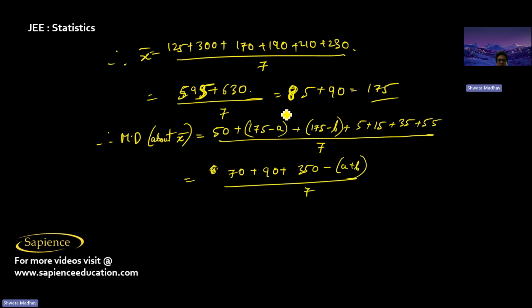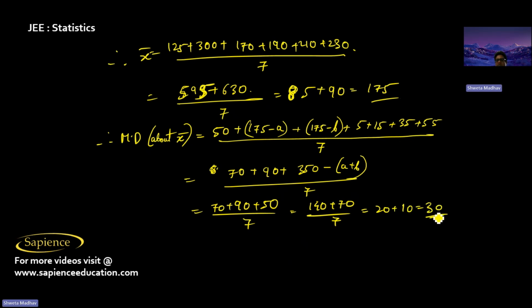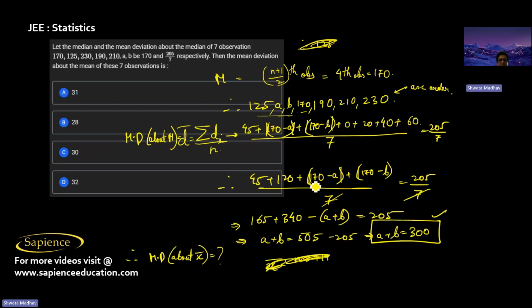So A plus B is 300, which we have already found. This is 70 plus 90 plus 50 divided by 7. So this will be 50 plus 90, that is 140. So 140 plus 70 by 7. So 7 tens are 14 plus 7 tens are 70. So the mean deviation about the mean is equal to 30.